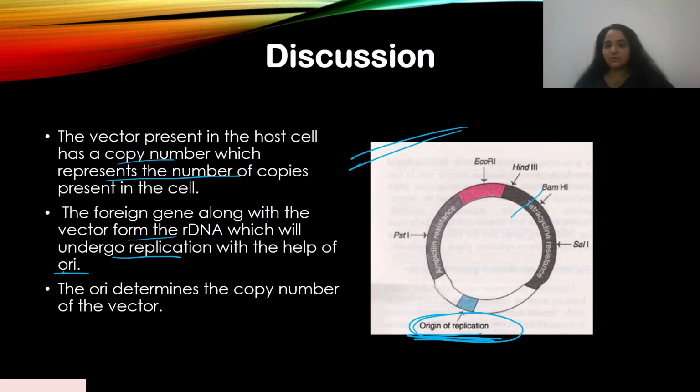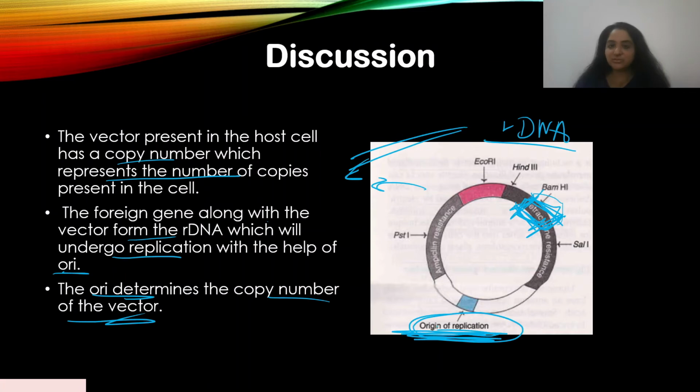So let's say a foreign DNA was inserted here. The ORI basically determines the copy number of the vector. The rDNA is produced and will then replicate based on this origin of replication.